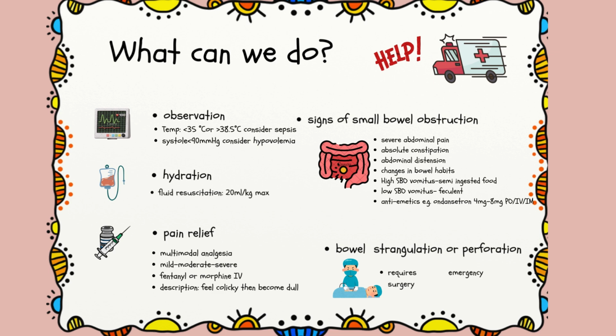However, if the patient experiences fecal-like vomiting, this indicates a lower obstruction. Regarding nausea and vomiting, we could give antiemetic drugs. Additionally, we need to identify and evaluate patients who might be at risk of perforation, as this condition requires emergency surgery.